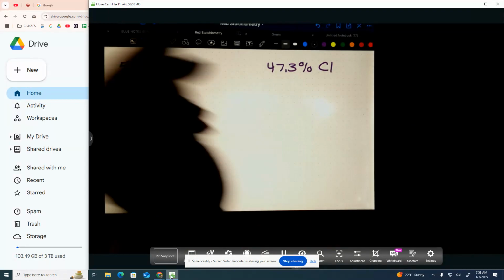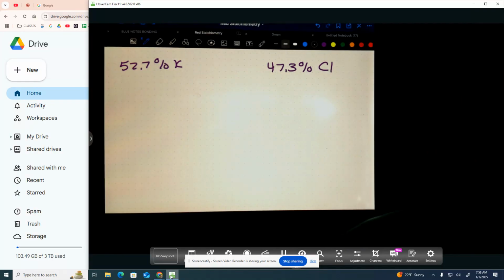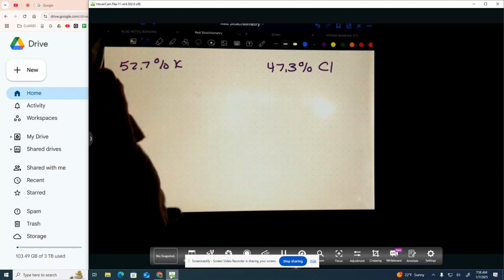Let's say we have something that is 52.7% potassium and 47.3% chlorine. I want to find the empirical formula for this. Okay? How are we going to do it? I'll do one more with you and then you can try the next one on your own.